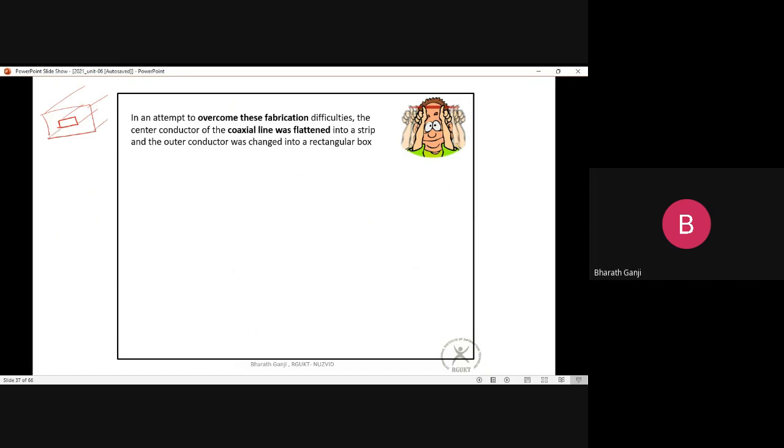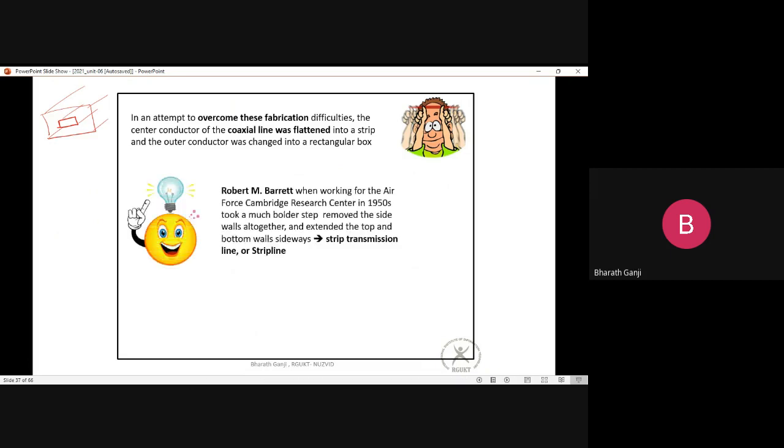Okay, though that still doesn't address the problem of shunting elements. And while this was happening, the scientist Barrett came up with an idea: why don't we remove the side walls? He removed the walls on the side, and he called this a stripline.